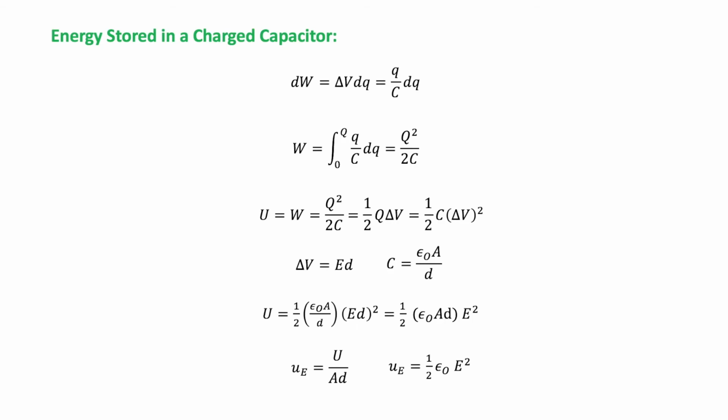Okay. So we will now consider energy stored in a charged capacitor. Consider a capacitor that is initially uncharged and then we connect it to a battery, and as a result it acquires a charge of Q. The electric potential energy stored in a charged capacitor is just equal to the amount of work required to charge the capacitor.